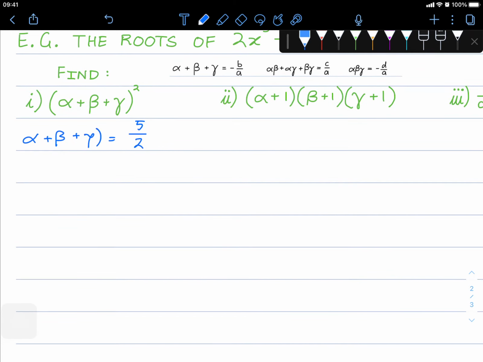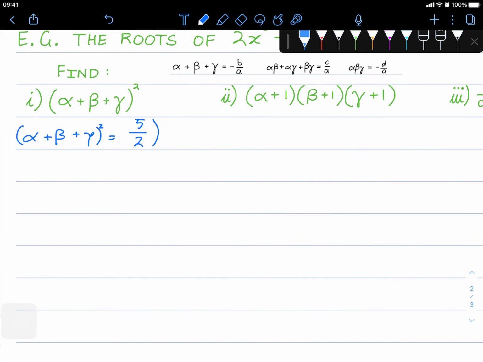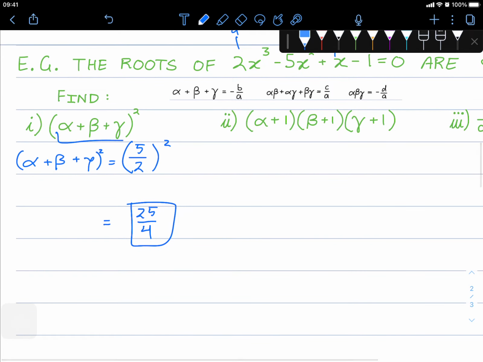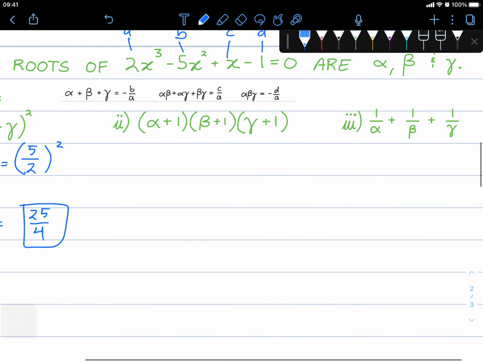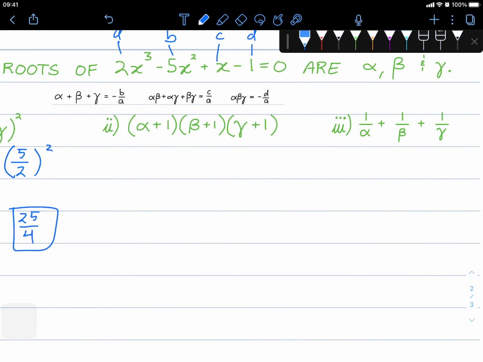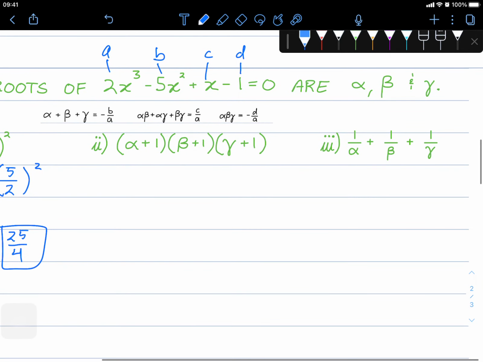Since we're going to square both sides, this will give us 25 on 4. So that is the sum of roots all squared. For an expression like this, what we need to do first is expand our terms.